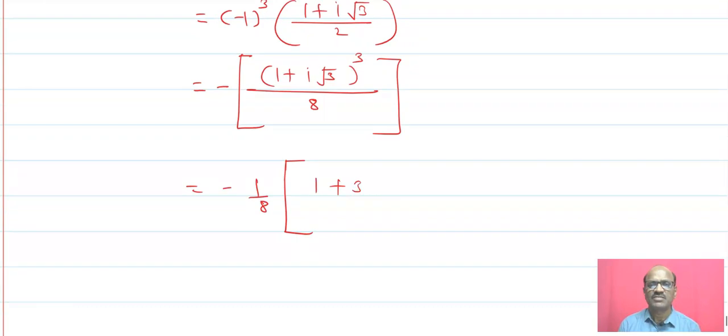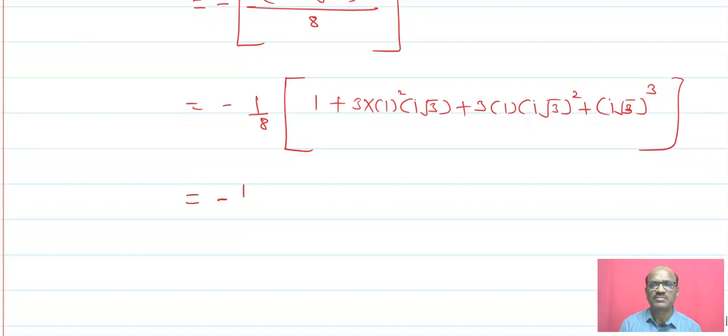That is minus 1 by 8, 1 plus, and plus, that is 1 square into I root 3 plus 3 into 1 into (I root 3) bracket square and (I root 3) bracket cube. Now minus 1 by 8.